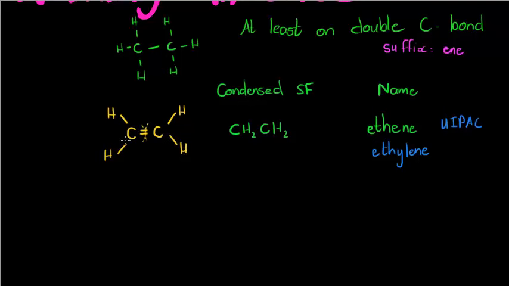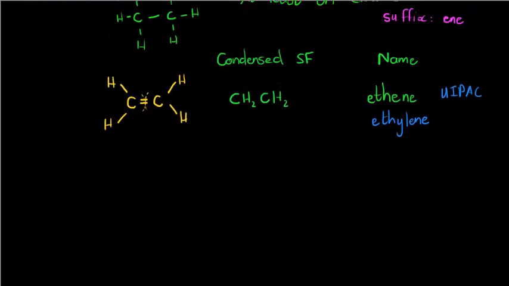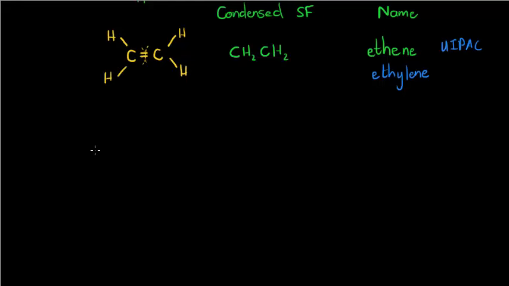For a single carbon, we would have used meth, but obviously you can't have a single carbon double bonded to another carbon, so the smallest one is ethene. The next one would be if I have three carbons, the first one double bonded to the next one, single bonded to that one. This one has two valence electrons left.